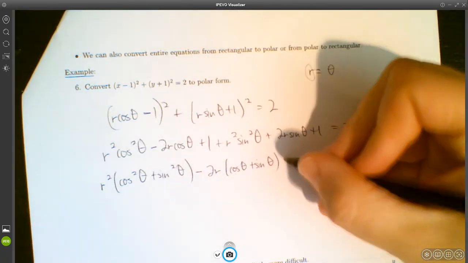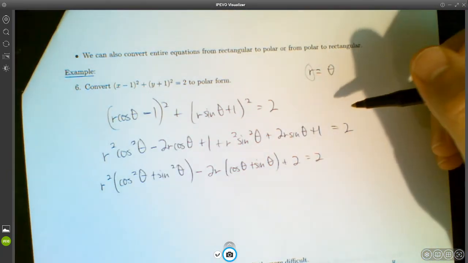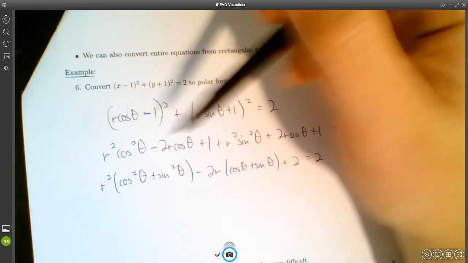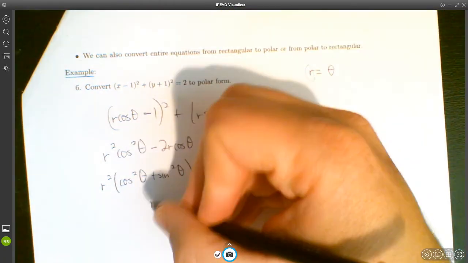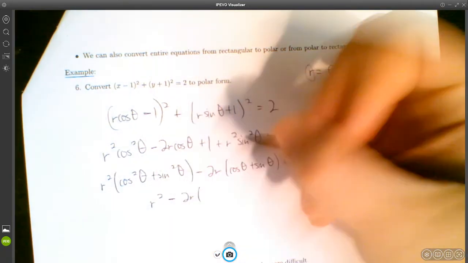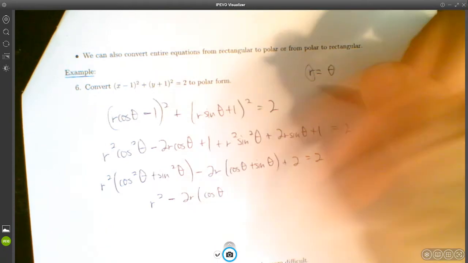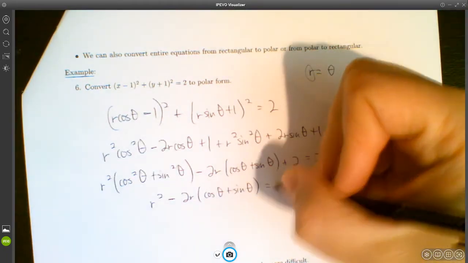And then 1 plus 1 is 2. Well, I can move the 2 over, right? But here's what I wanted to point out, is that cosine squared plus sine squared is just 1. So now I've got r squared minus 2r times cosine theta plus sine theta equals 0.